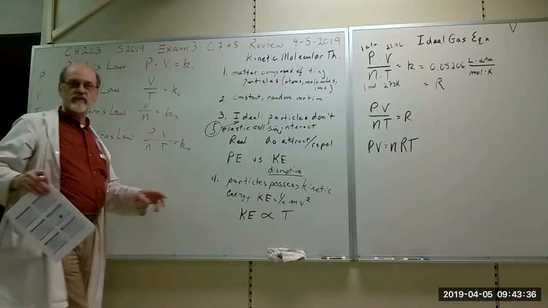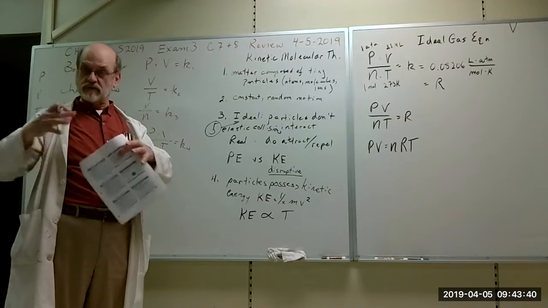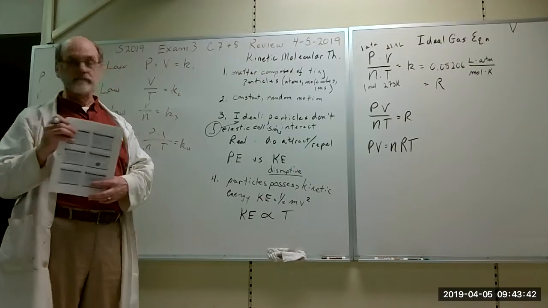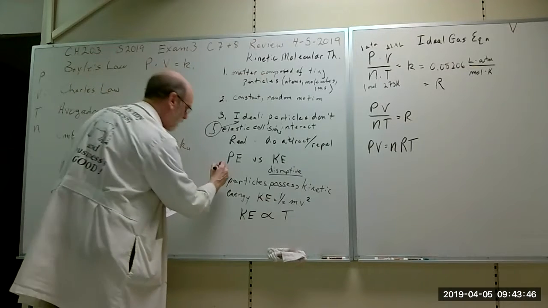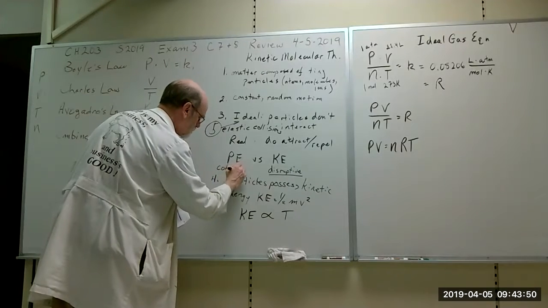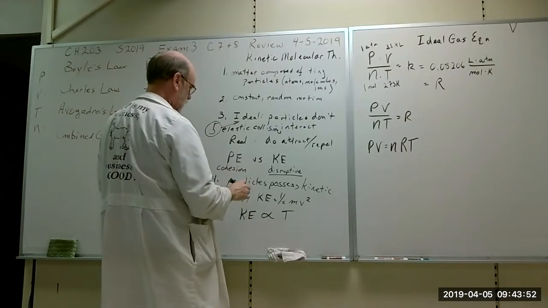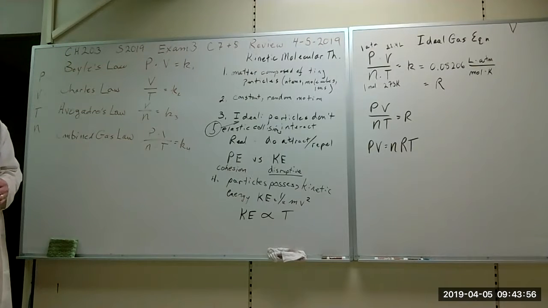In other words, the faster they're moving, the more likely they are to stay apart, and they want to push apart too. Potential energy corresponds to cohesion or cohesive forces. That is, attractive forces that keep them together.